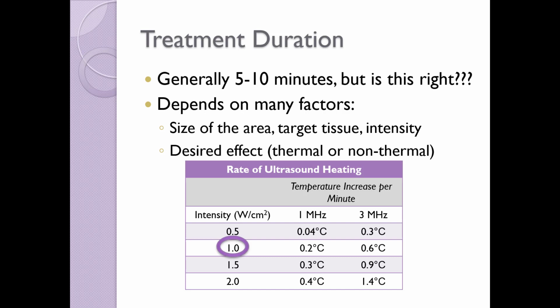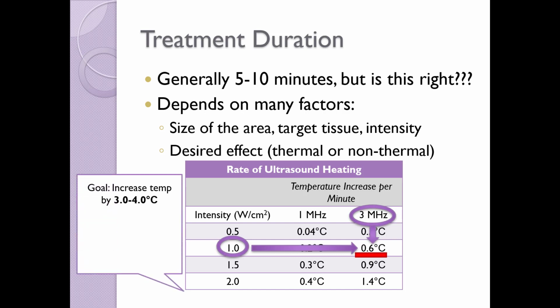If we start with the intensity of 1.0 watts per centimeter squared, this time we could choose a 3 megahertz treatment protocol, which is more superficial treatment of tissues, approximately 2 to 3 centimeters deep. We can see that for every minute of treatment, there would be an increase in tissue temperature of 0.6 degrees Celsius. Our goal was vigorous treatment of tissue, an increase of 3 to 4 degrees Celsius.